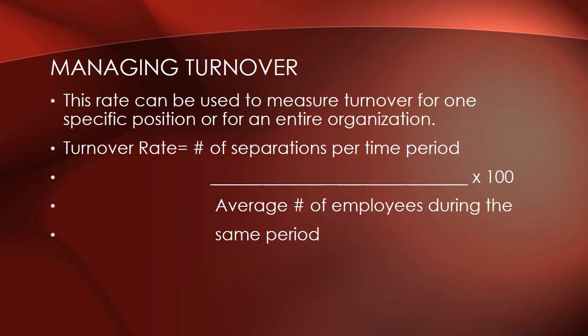To calculate the turnover rate, you take the number of separations per time period. You might study people that have turned over for 1 month, 1 quarter, the first half of the year, or the entire year. You divide that by the average number of employees during that same period, and multiply that by 100. That provides you with your turnover calculation rate.